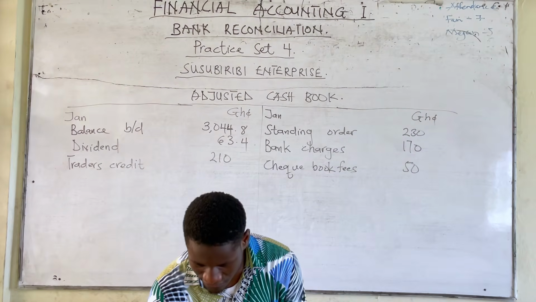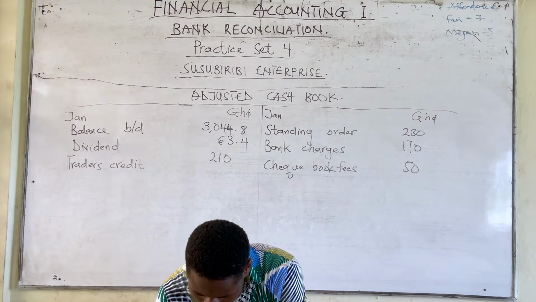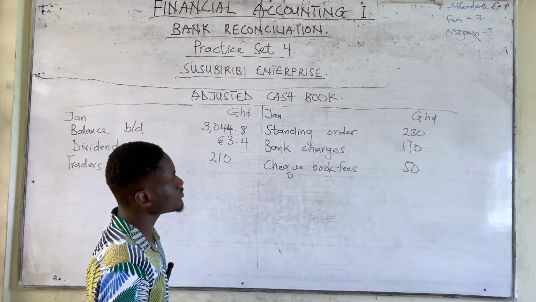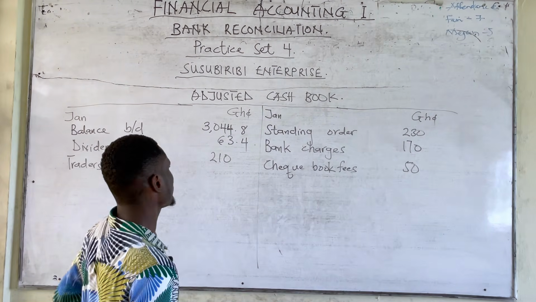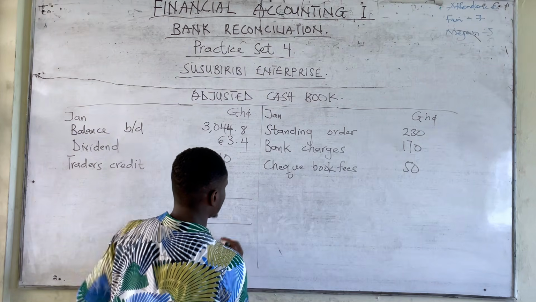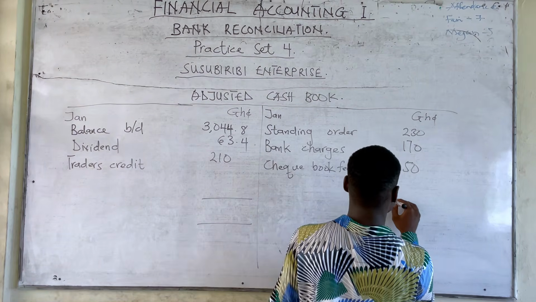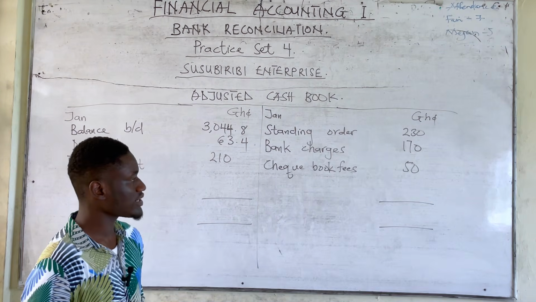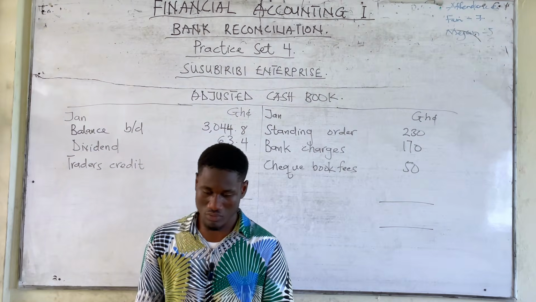Now let's find our differences, the total. So we could see that the debit side will be greater than the credit side. So the total of the debit side will be recorded on both sides.